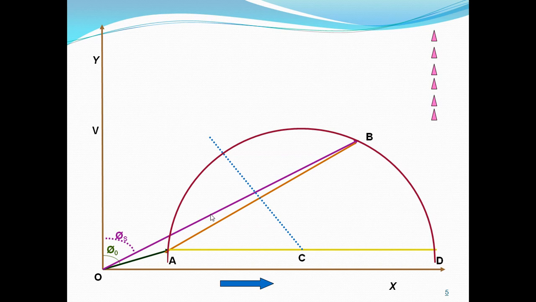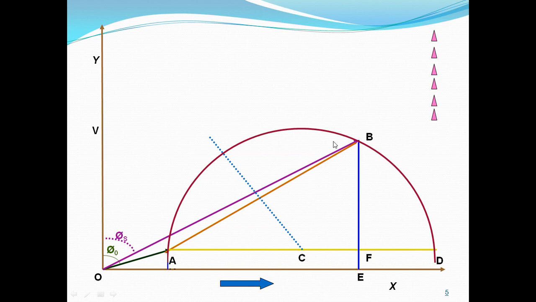Now draw perpendicular lines from points A and B to the horizontal line OX, that means from point A and point B we draw vertical lines towards OX.